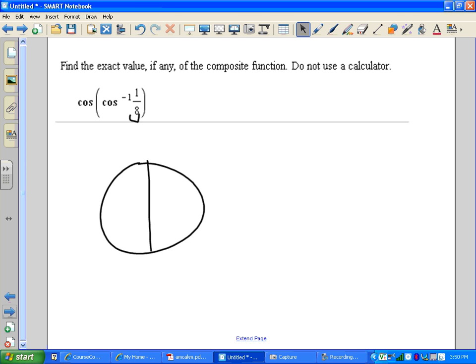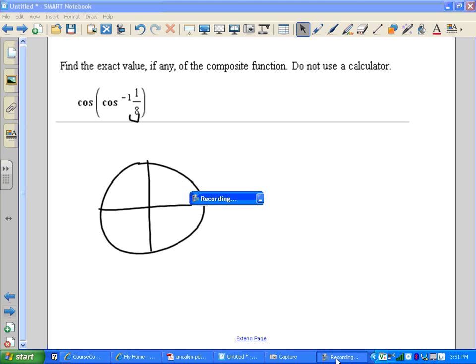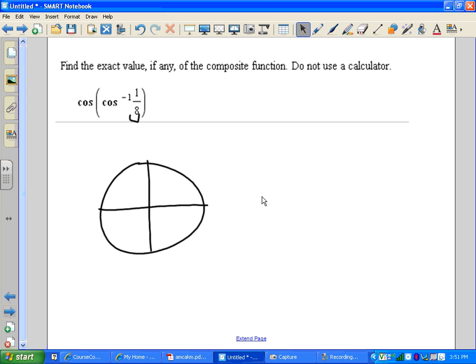We've got to know, well, where is 1/8 on my unit circle? Basically, since we're just going to be looking in the first quadrant, and because that's positive there, then that's just going to cancel out. And really, it's not necessarily that 1/8 lies in the first quadrant, but if I do inverse cosine, the result is in the first or second quadrant.